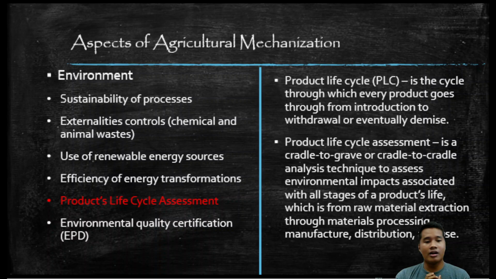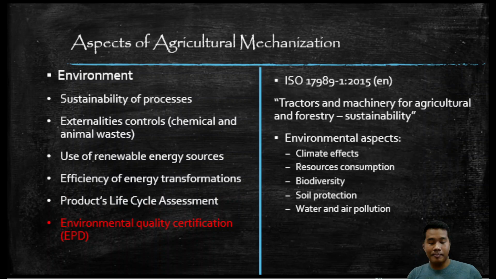Okay? It is a cradle to grave or cradle to cradle analysis technique to assess environmental impacts associated with all stages of a product's life, which is from raw material extraction through material processing, manufacturing, distribution, and use. Another one is the environmental quality certification. Pasado kaya ito, no?